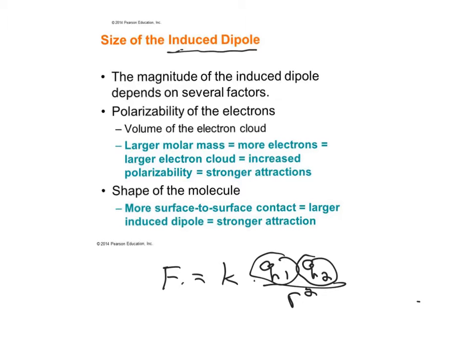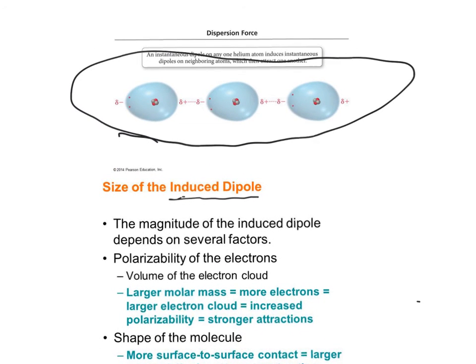As I mentioned before, induced dipoles are formed when electrons can move to one side of the molecule and leave the other side deficient. So then we set up this partial negative, partial positive.